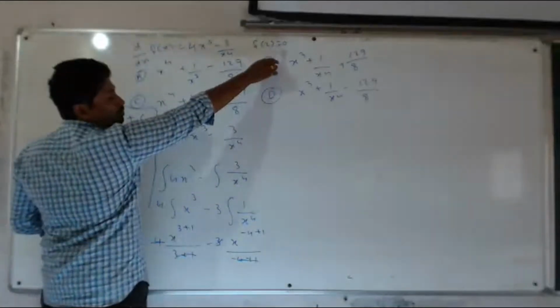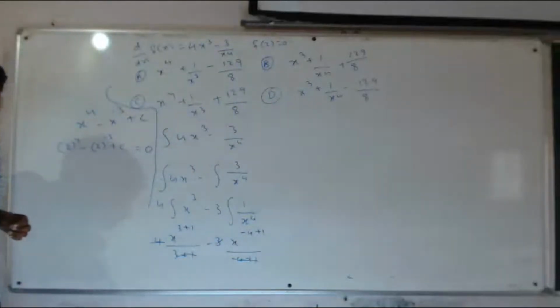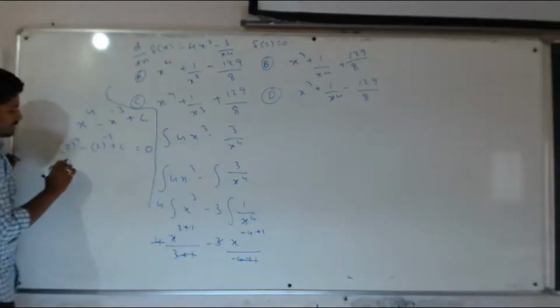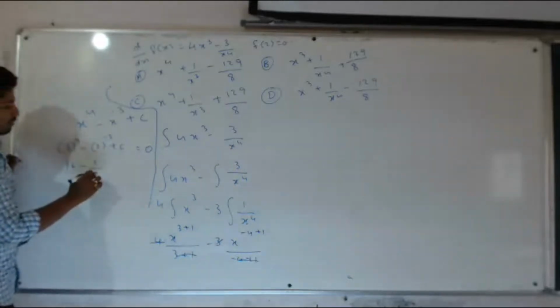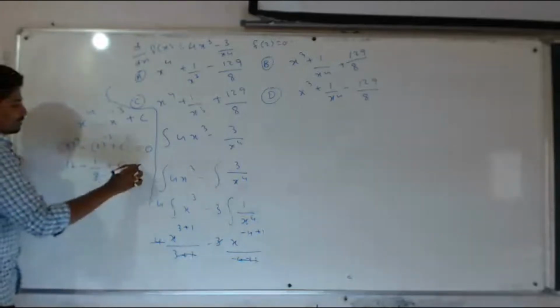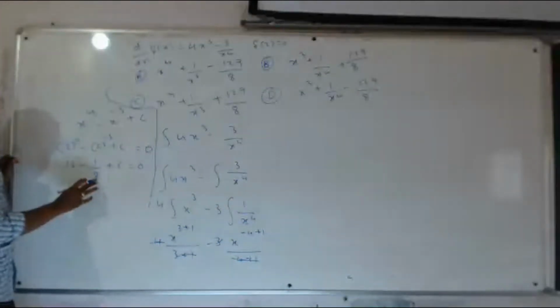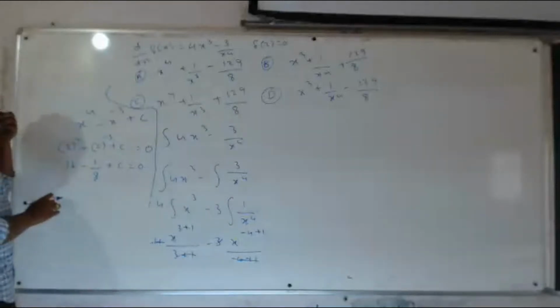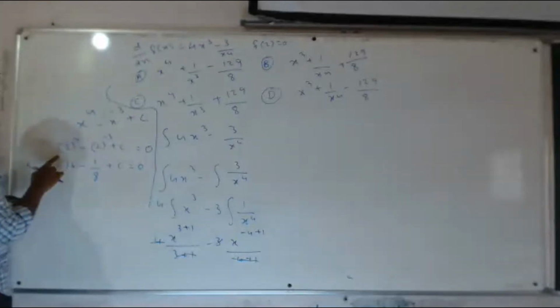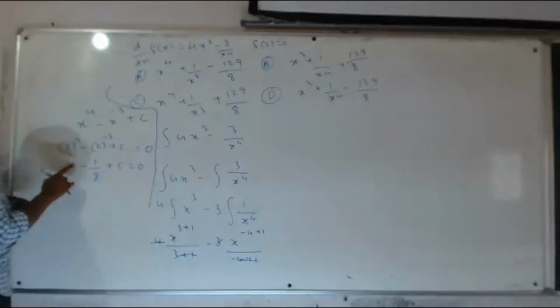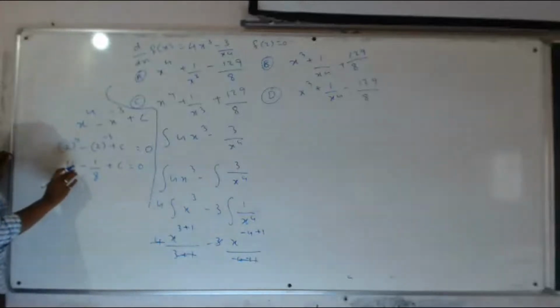They have given this in order to find the c value. Okay? It is 16 minus 1 by 8. 16 into 8 is 128.